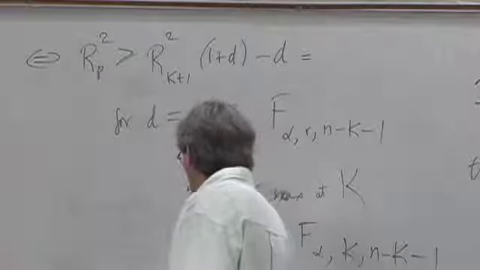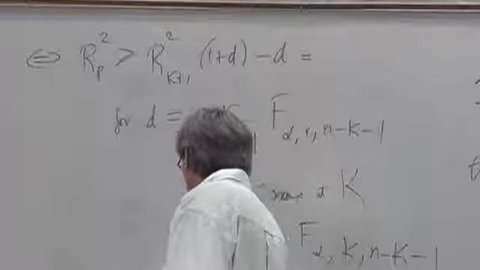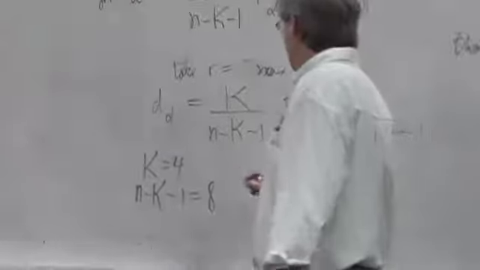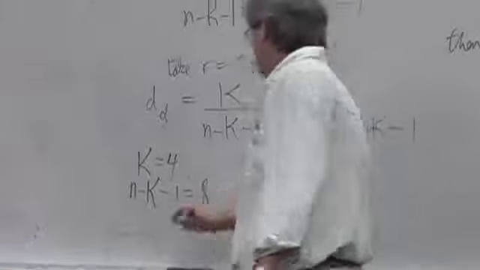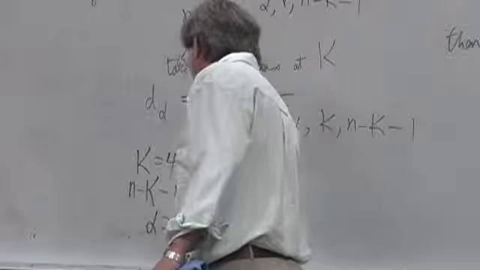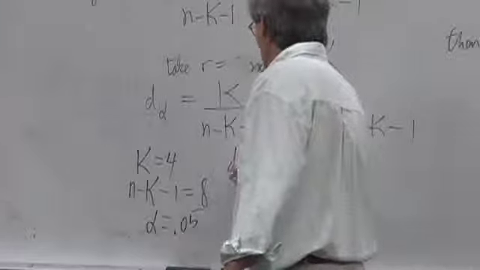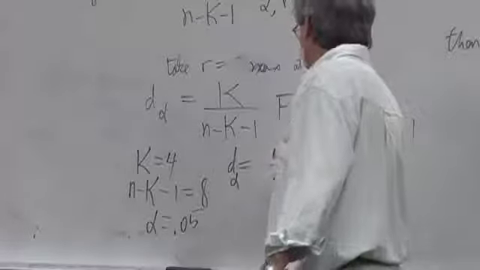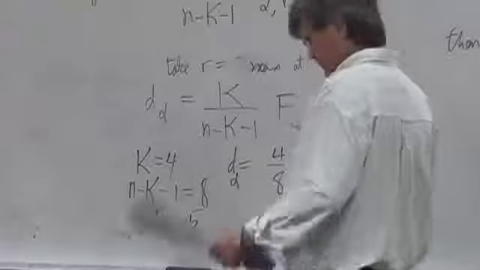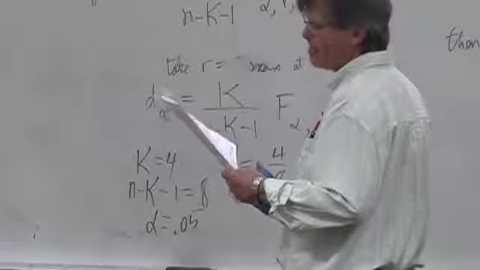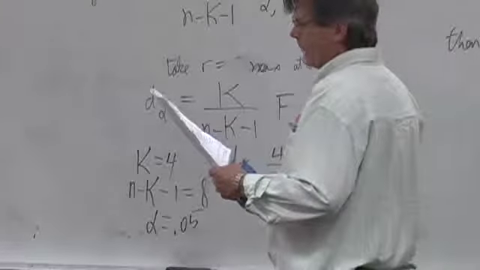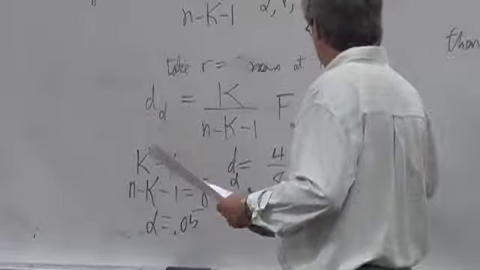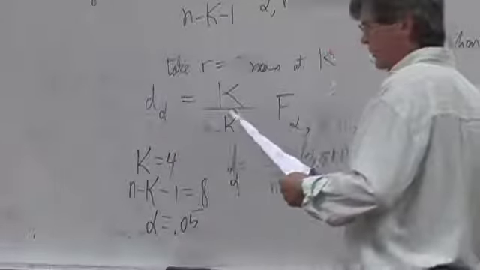So with capital K equal to 4, N minus K minus 1 equal to 8, I already mentioned that, and alpha equals 0.05. Let's take the traditional one. I get that D alpha is equal to 4 over 8 times 3.84, which is my F alpha, which equals 1.92.